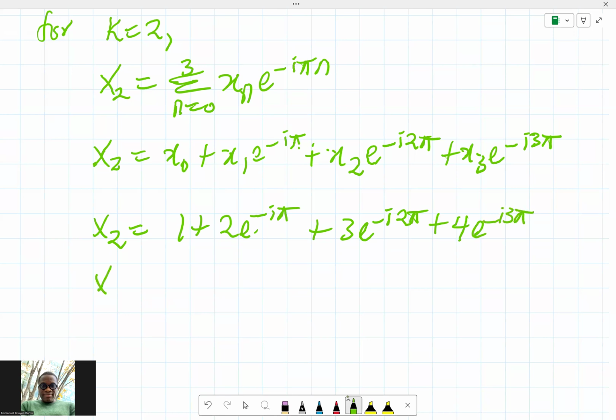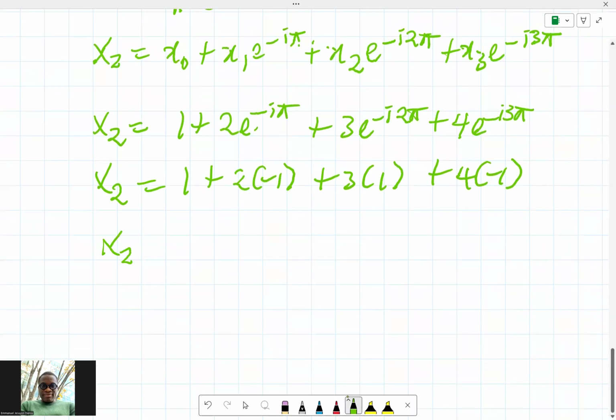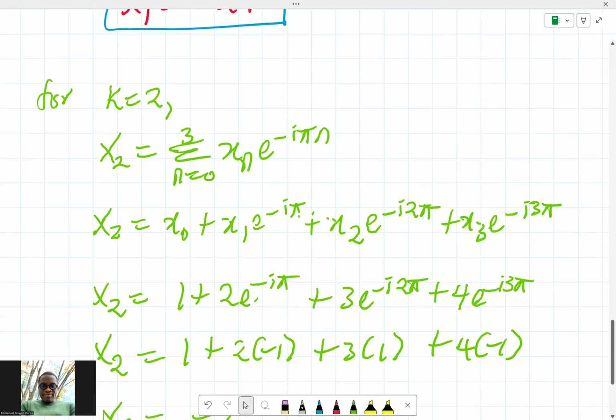So I have 1 plus 2 into minus 1 plus 3 into 1 plus 4 into minus 1. So x2 is equal to minus 2. So that's for k equals 2.